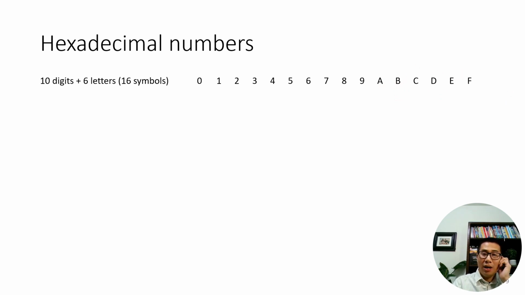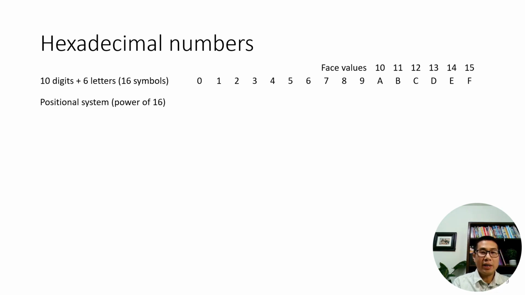Now, it again works in a very similar way. The face value for A is 10, the face value for B is 11, the face value for C is 12, and so on and so forth. What it means is that if we see A, it means 10. Okay, but we use only one symbol to represent it, not two symbols.